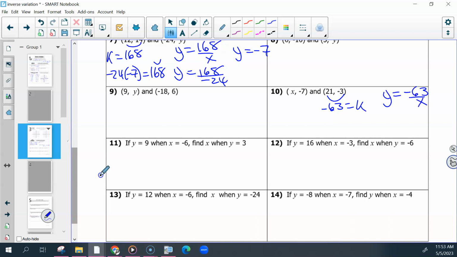And then look at what's given. So you're given y, and you have to find x. How would we solve for x? What would we get x out of the denominator?